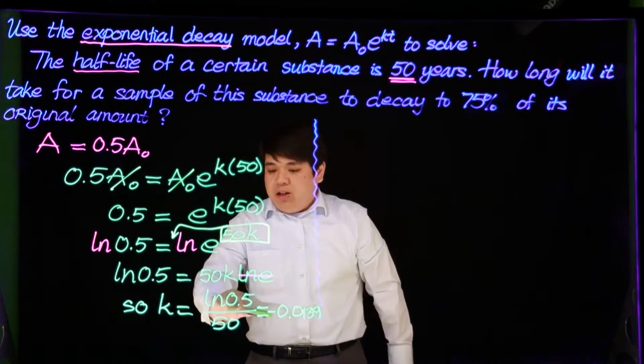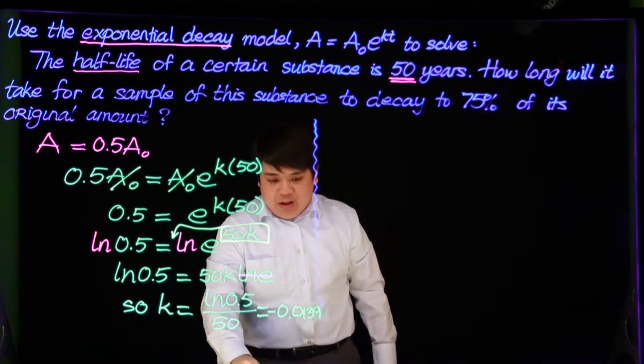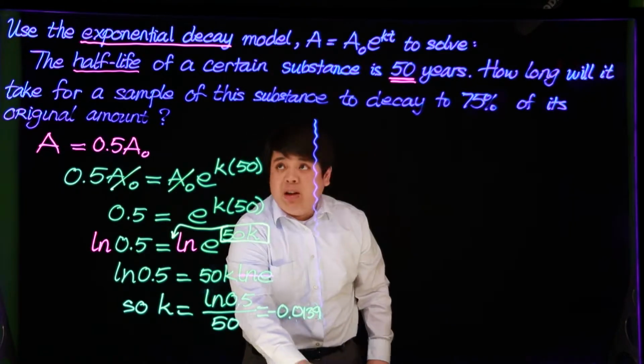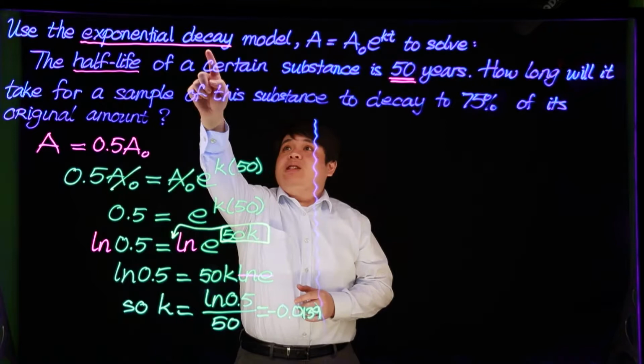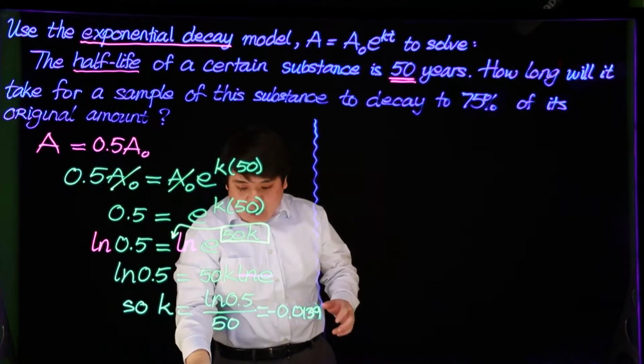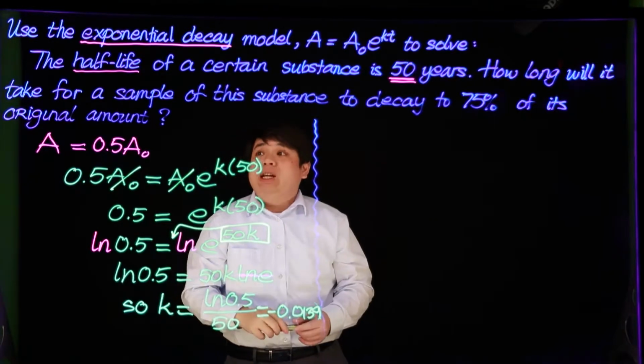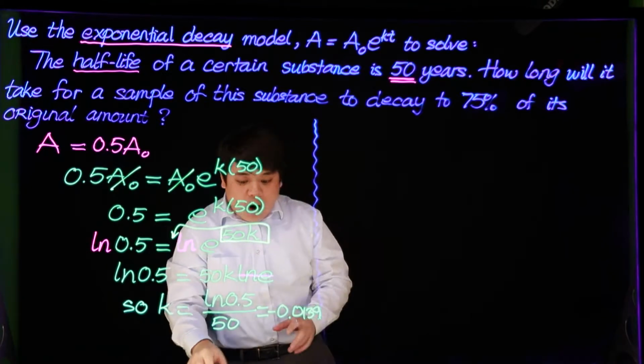We can just give the ln of 0.5 divided by 50, but that is negative. By the way, it makes perfect sense if the rate is negative, because this is an exponential decay problem. The rate should be negative. That's the first part of the problem.